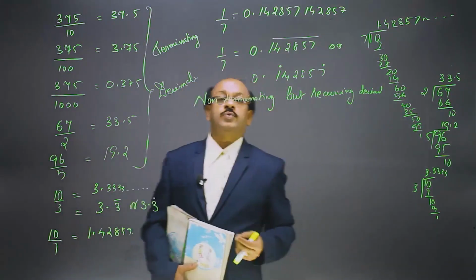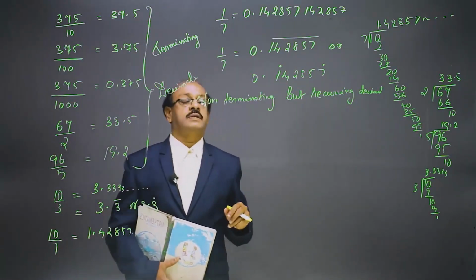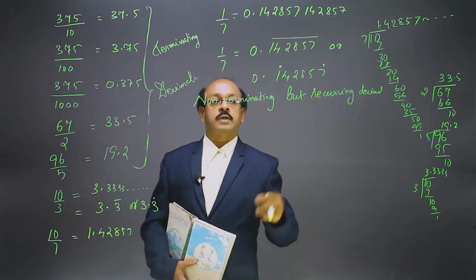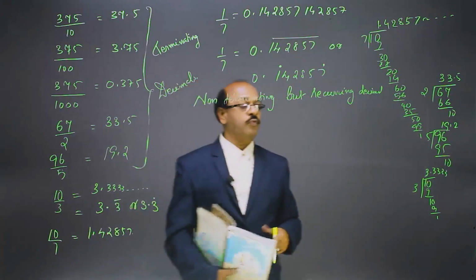Then how will you check without finding the division? Whether the decimal form of a fraction is terminating or non-terminating, that we have to find out.